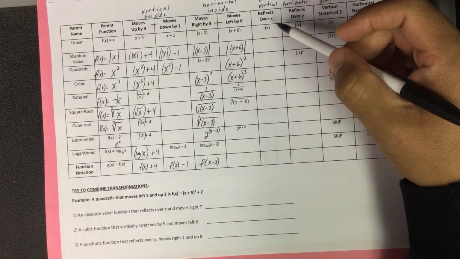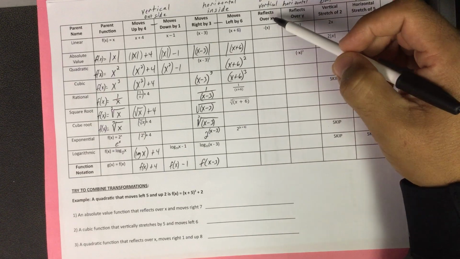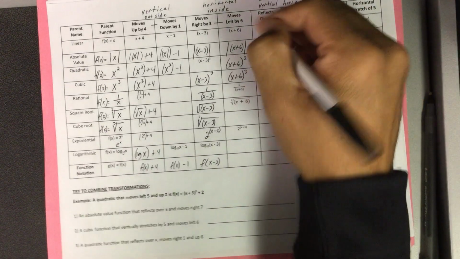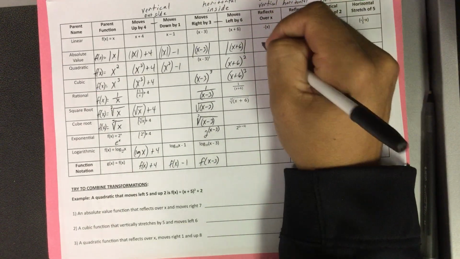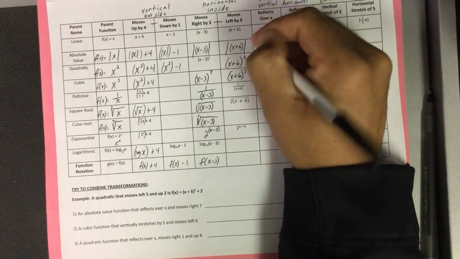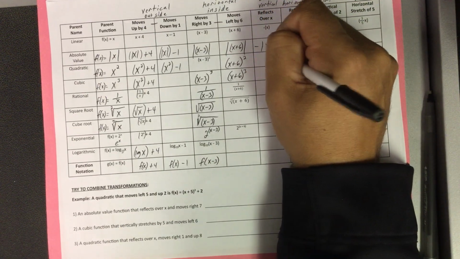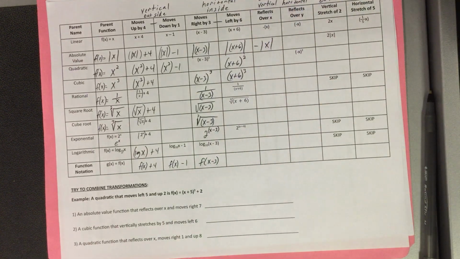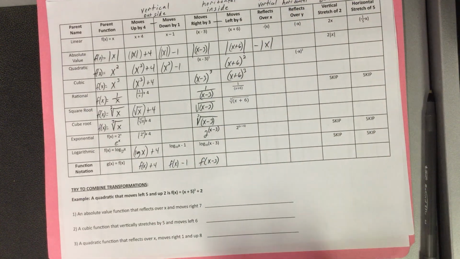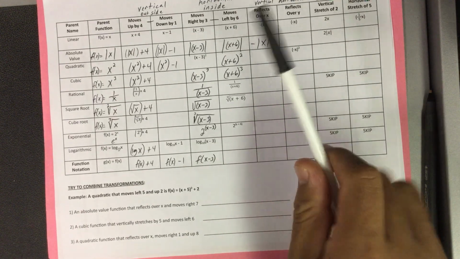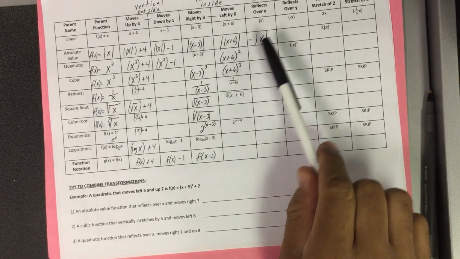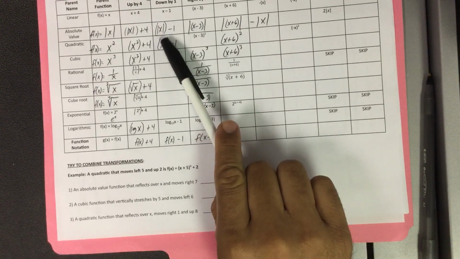Now if I have a negative, so for a reflection, a vertical reflection, I got the negative on the outside of the absolute value of x. Right? So we'll do this first one. Now, this one's the only one that I would say you don't really need parentheses like this.